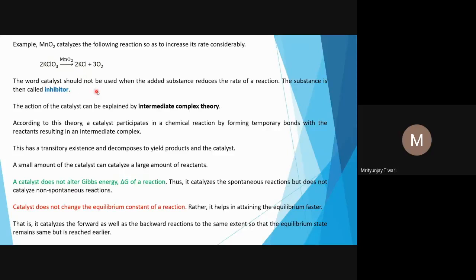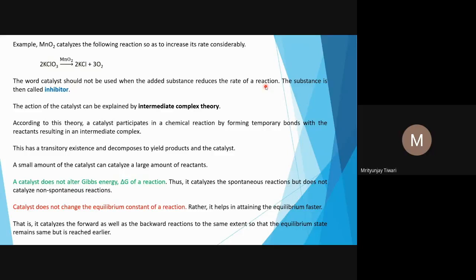This is the one thing that you should remember: the word catalyst should not be used when the added substance reduces the rate of the reaction. Particularly in biological reactions, and sometimes in chemical reactions as well, we add certain substances and they decrease the rate of the reaction. As we see acceleration and retardation as different terms in physics, similarly we see these terms.